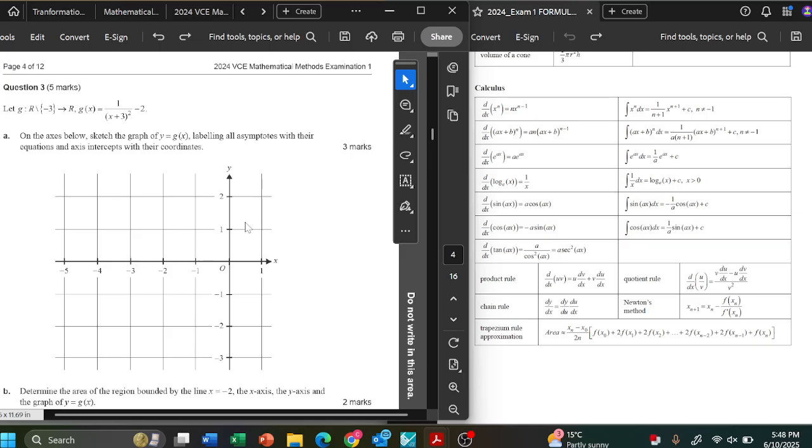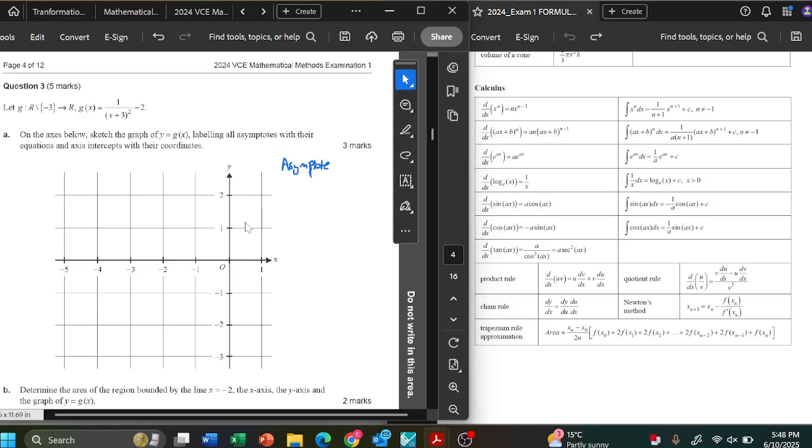So the first thing that we should look for here is maybe the asymptotes. That's probably the easiest thing to look at. There will be an asymptote when we're dividing by 0, right? If we have x plus 3 squared equal to 0, then we're going to have a problem because we're going to be dividing by 0.